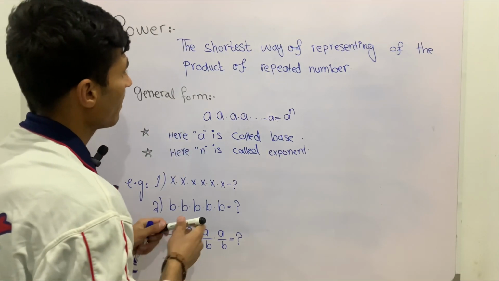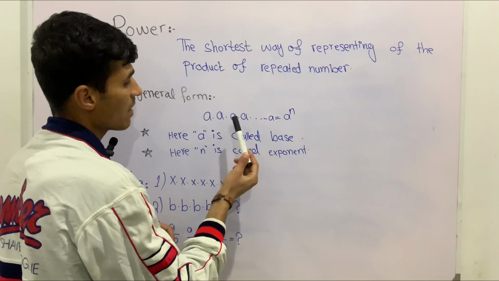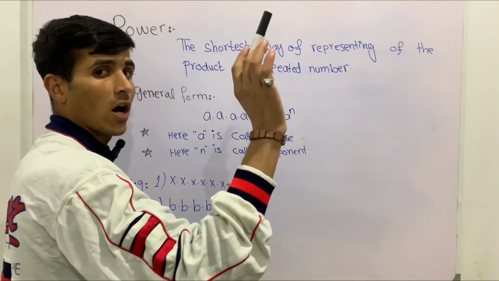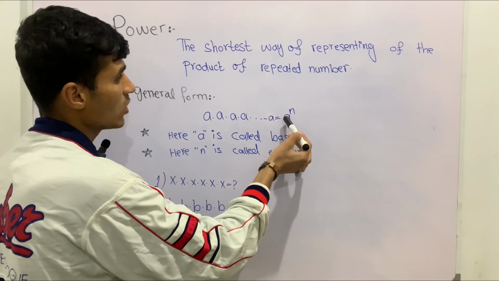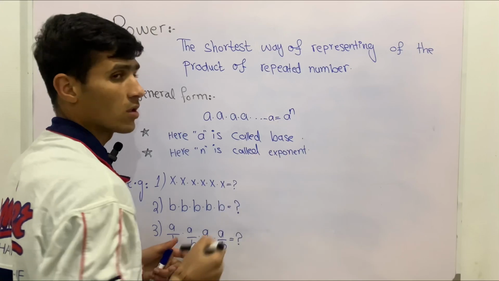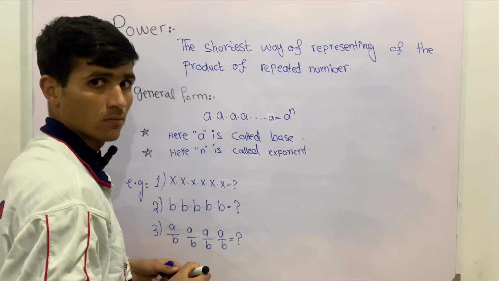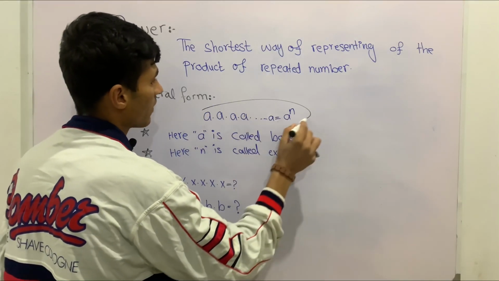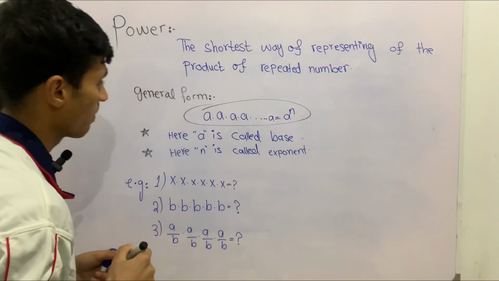In general form, we have a multiplied by a multiplied by a multiplied by a, and so on, equals a to the power n, or the nth power of a. This is the general form of the power.